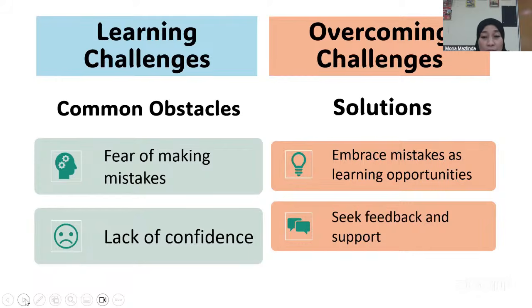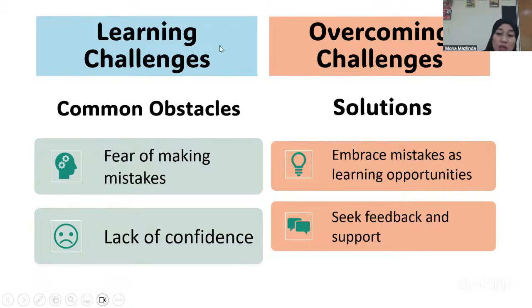So if you have fear, do not fear making mistakes. It's okay to make mistakes while you are using the language. Embrace every mistake that you make, because each mistake is a learning opportunity. Especially in class, when the teacher asks, try to respond to the teacher's question. When you make mistakes while answering, it's a learning opportunity when your teacher corrects your mistakes.